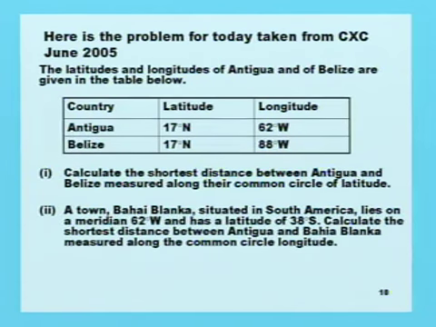Calculate the shortest distance between Antigua and Belize measured along their common circle of latitude. Part 2. A town, Bahia Blanca, situated in South America, lies on the shortest distance between Antigua and Bahia Blanca, measured along the common circle of longitude.